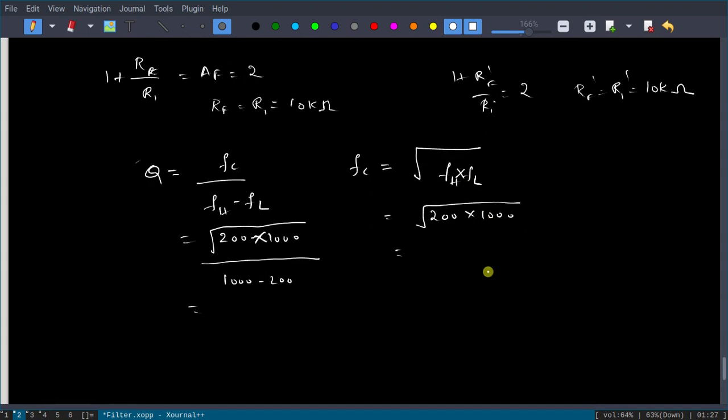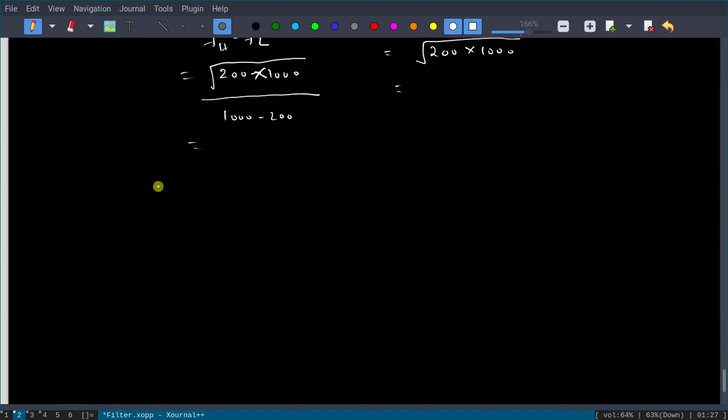Finally, if you want to calculate and plot the gain of this, you should know the gain of the low pass filter multiplied by the gain of the high pass filter. So I can write gain of LPF and gain of HPF.